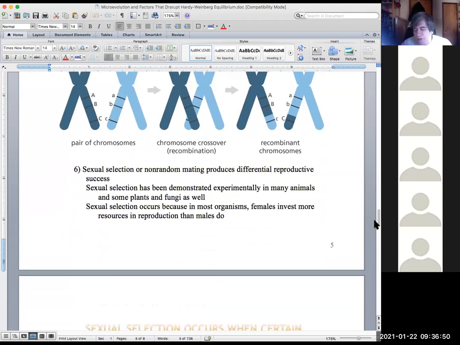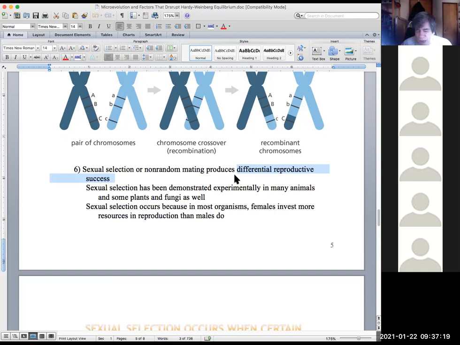And finally, the last process that we're going to talk about, keep in mind there are one or two other processes that can occur, but they're very rare and seem to be minor, is something called sexual selection, also called non-random mating. And sexual selection produces what is commonly called differential reproductive success, meaning individuals produce a different number of offspring.